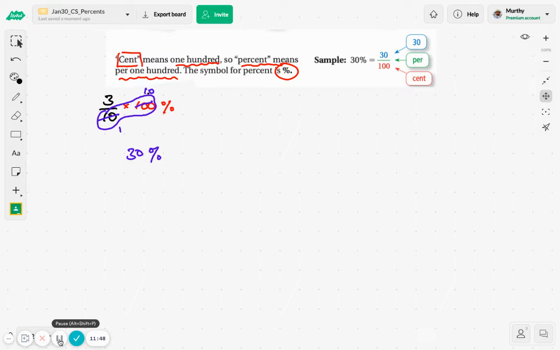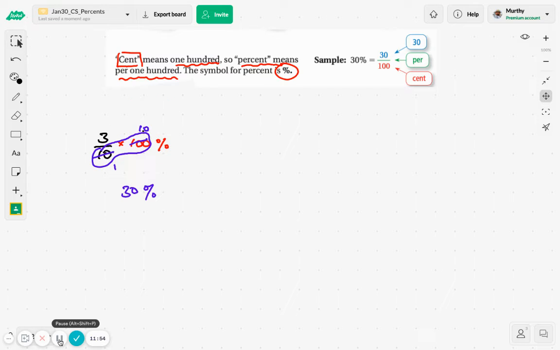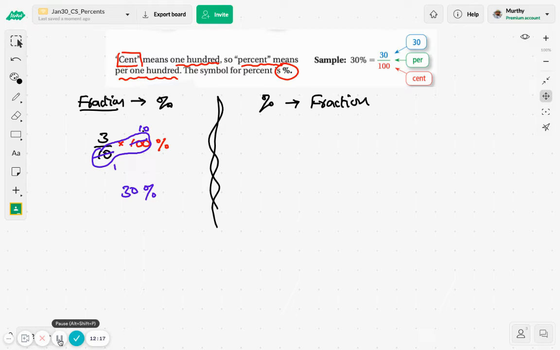So you learned how to convert a given fraction to a percentage. Whereas if you are working backwards, from percentage to a fraction, this is pretty easy. Let's say that you are given 30%. Here, it is really interesting that this is the symbol of percentage.